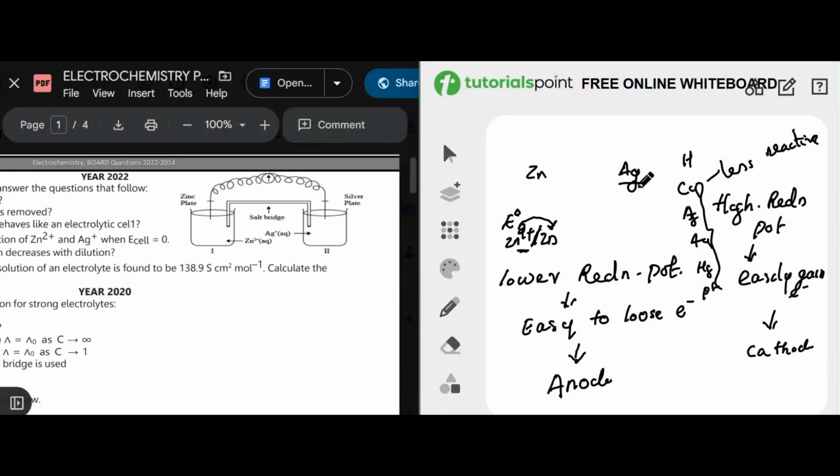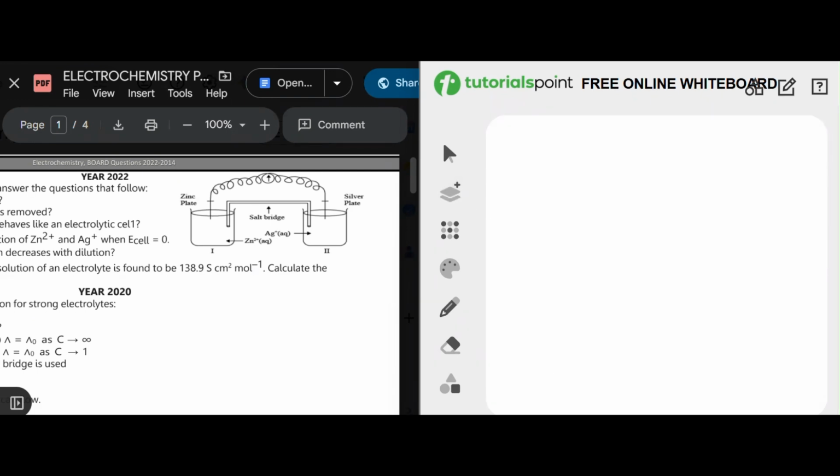Clear? I hope you understood. Less reactive metal will be cathode, more reactive metal will be anode. If reduction potential values are given directly, lower reduction potential is anode, higher reduction potential is cathode. I'll give you another example, aluminium and copper.